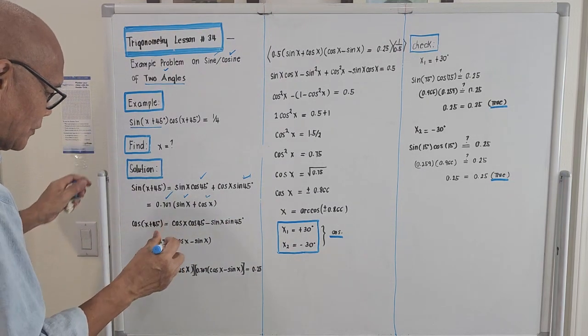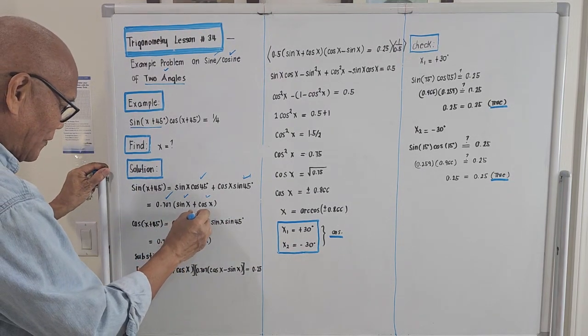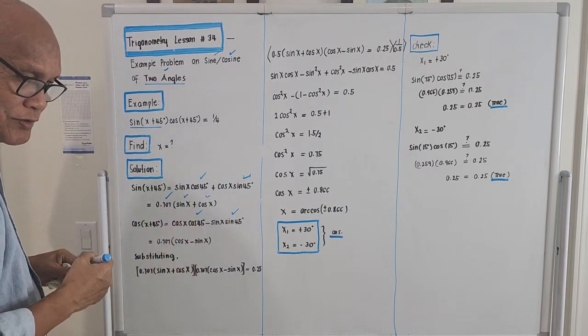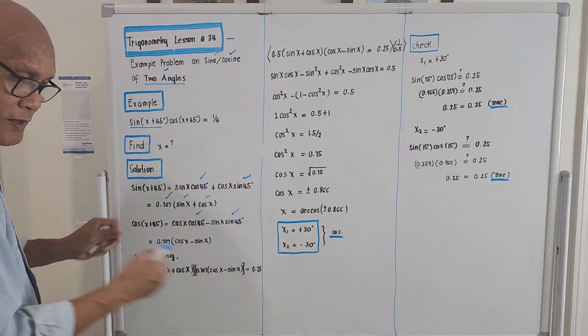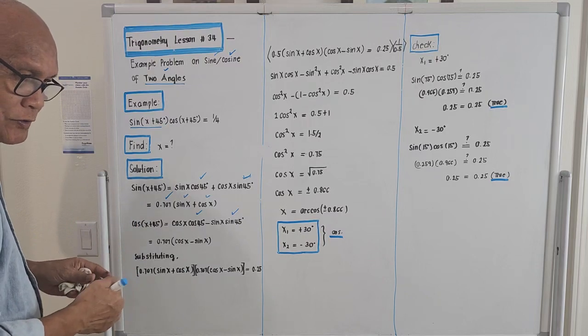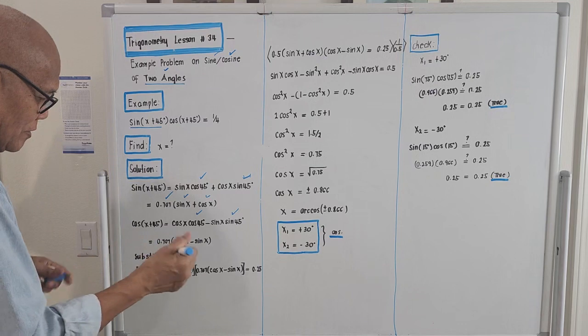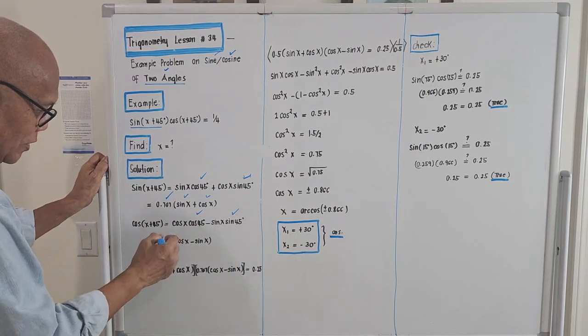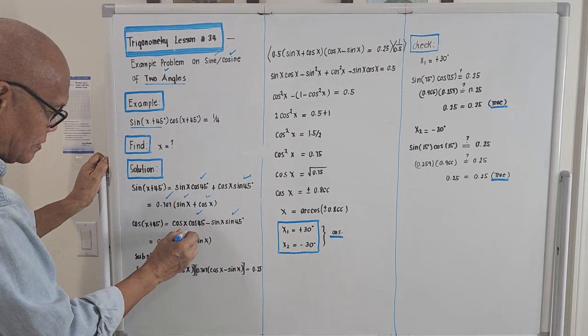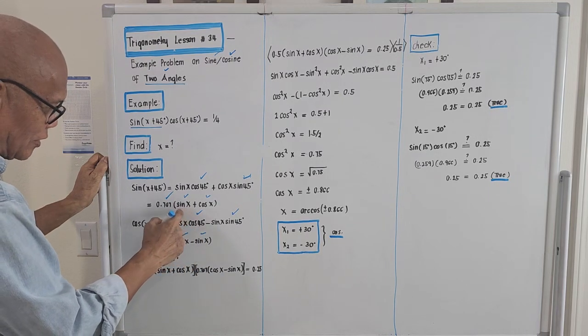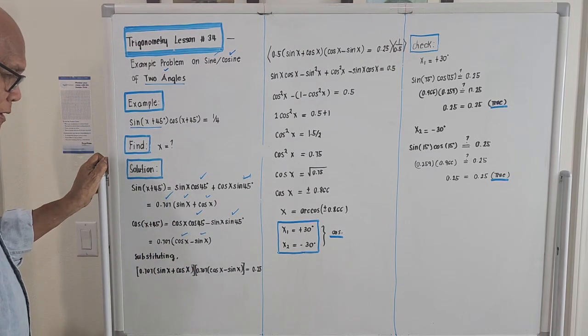And again, there is a cosine 45 here, there is a sine of 45. They are both 0.707. We expedite our simplification a little bit. There is a common factor 0.707. What remains in the quantity will be cosine of x minus sine of x.